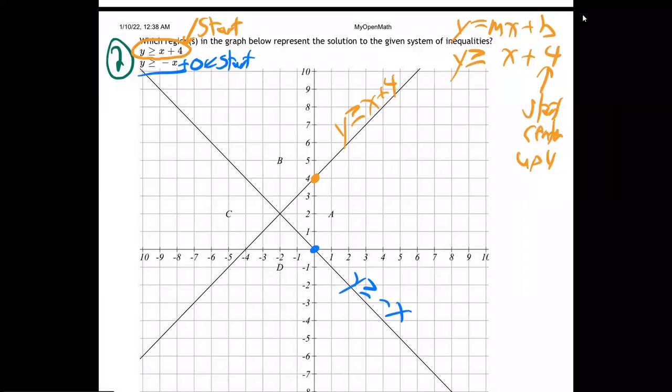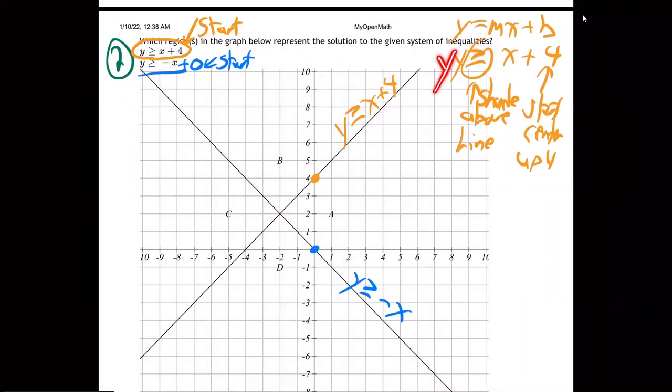Okay, now how do you know where the shading goes? Well, remember, greater is above and less is below. We've had that before. So looking at this one, greater means above the line. Shade above the line, because this is greater. Remember the alligator mouth, the wide side?